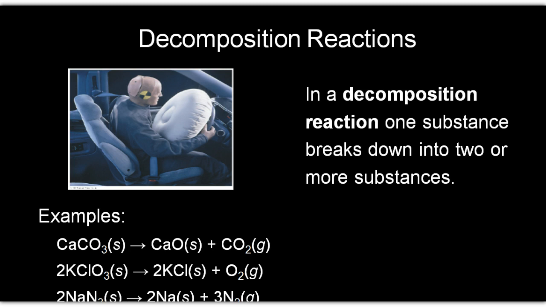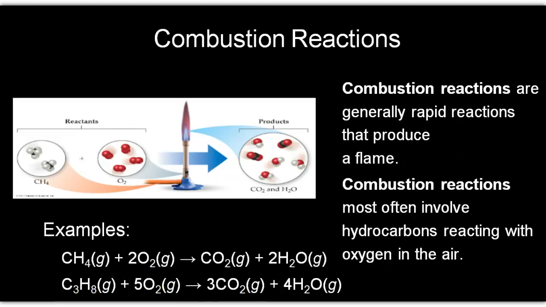There's some other ones out there as well, as far as single replacement and double replacement reactions, but they're not listed here. Combustion reactions, typically you're having oxygen added to something and it's going to produce carbon dioxide and water. It doesn't have to, but it usually does. More importantly, it also usually produces energy.